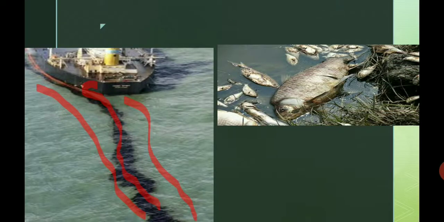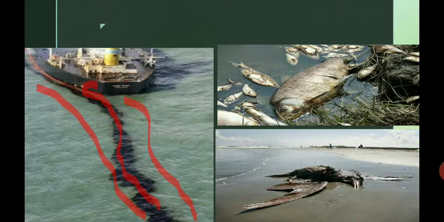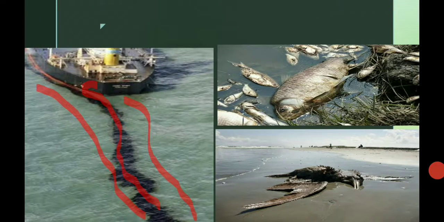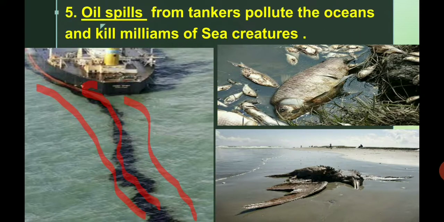Look students, there are some creatures who are living inside the sea water or river. They are dead because of oil spills from tankers. This pollutes the ocean and kills millions of sea creatures.